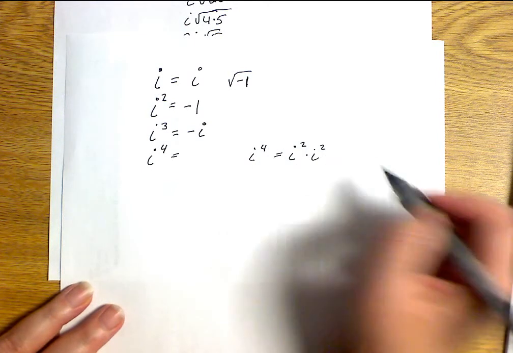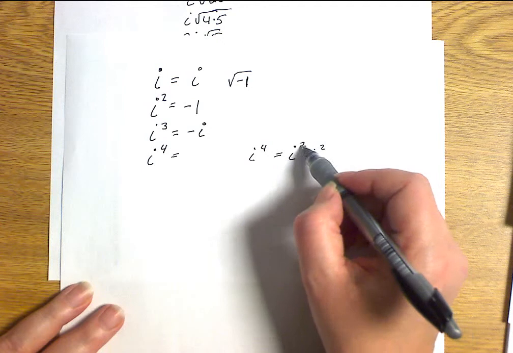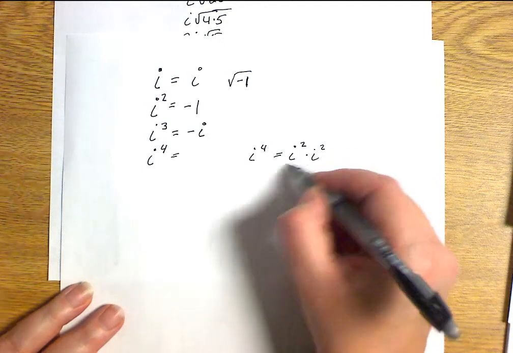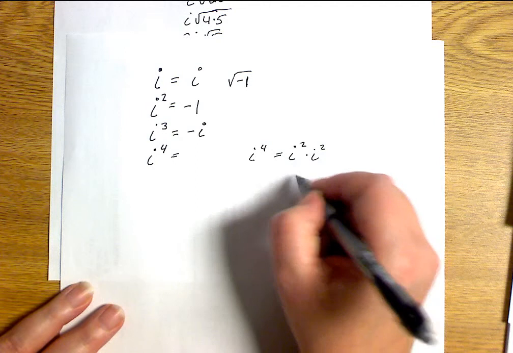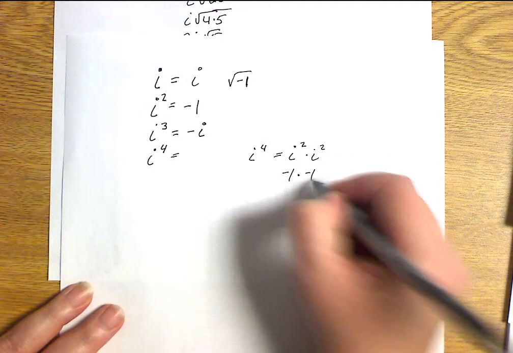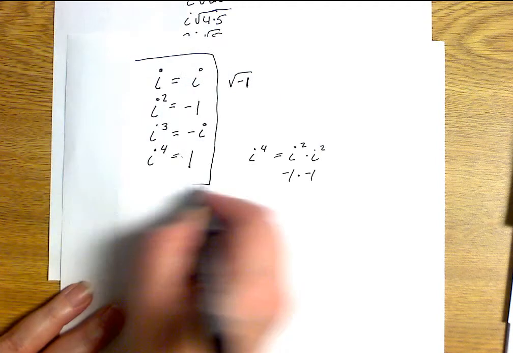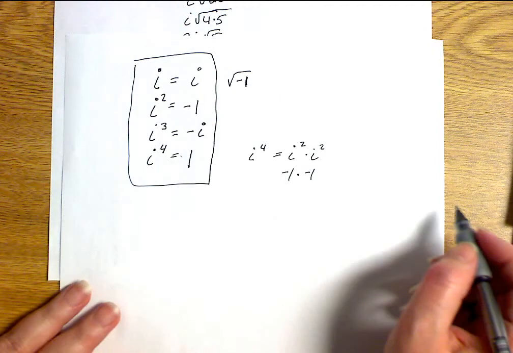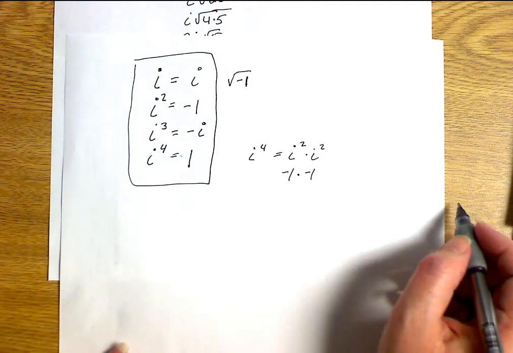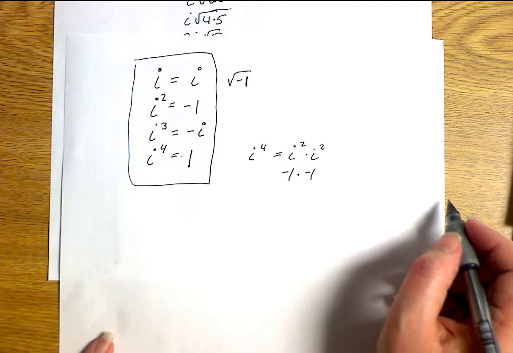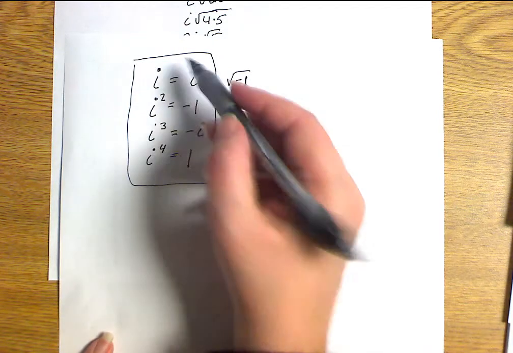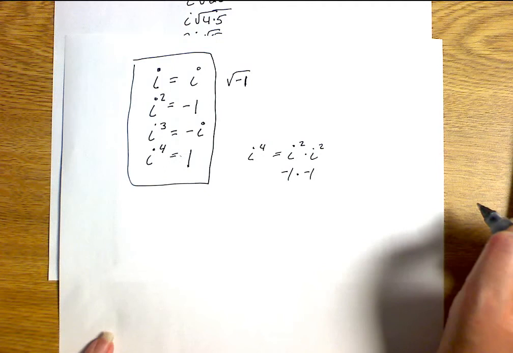What is i squared? Negative 1 times negative 1, which gives me 1. You can figure out how to get these numbers, or you can memorize them. It's up to you. These are the only numbers that exist in imaginary numbers.